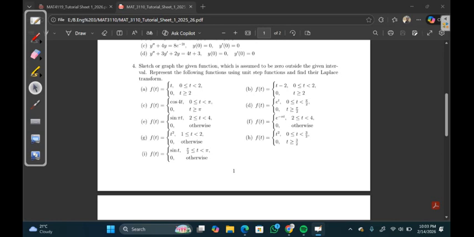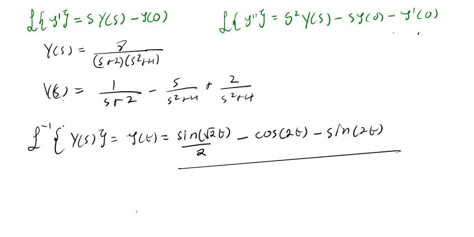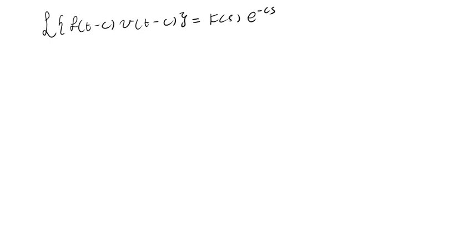Something that simplifies the work is that if you're looking for the Laplace transform of f of t minus c multiplied by u of t minus c, this is just going to be equal to F of s multiplied by e to the minus cs. So this actually completes everything here.